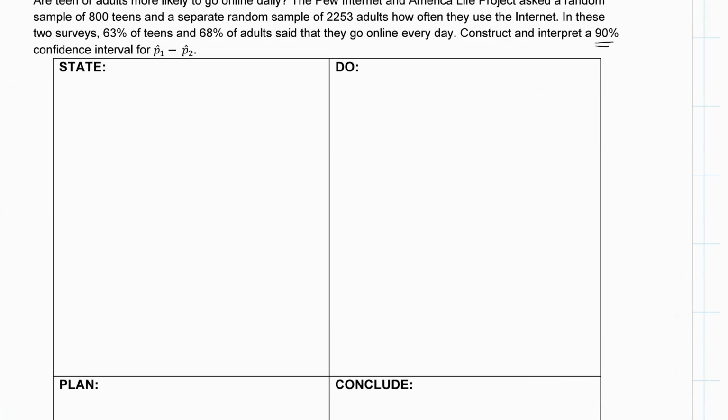Okay, so once again, population number one, US teens. Population number two, US adults.